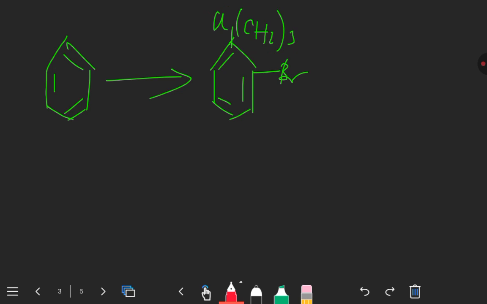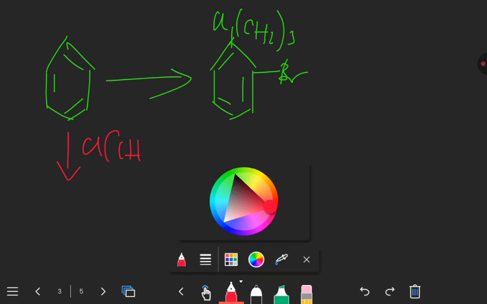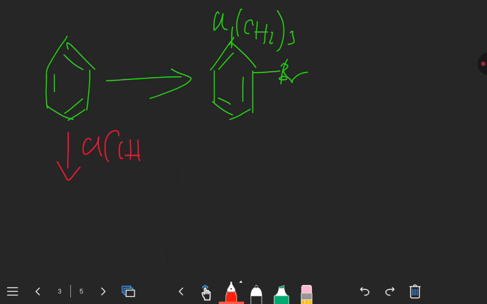So to add that group on top, we are going to perform alkylation. So we're just going to say a chloride attached to that group, which is just CH3CH2, okay, CH3, the 3 outside like that.